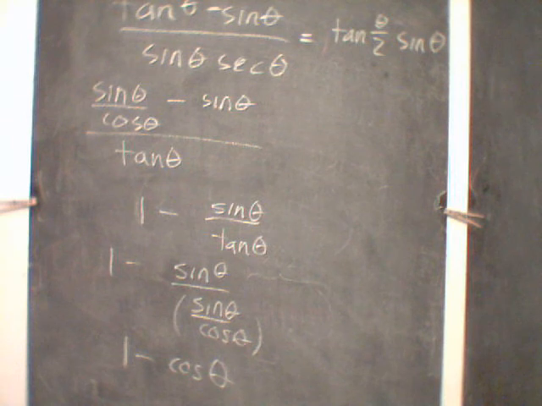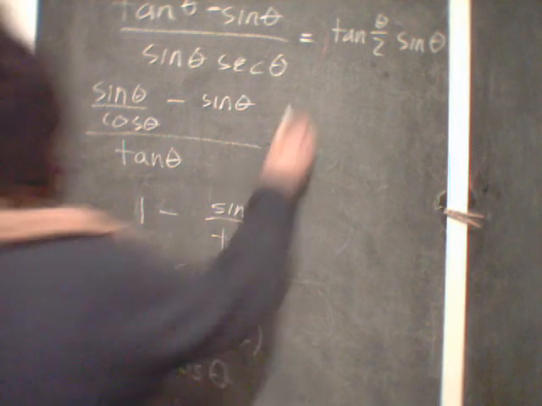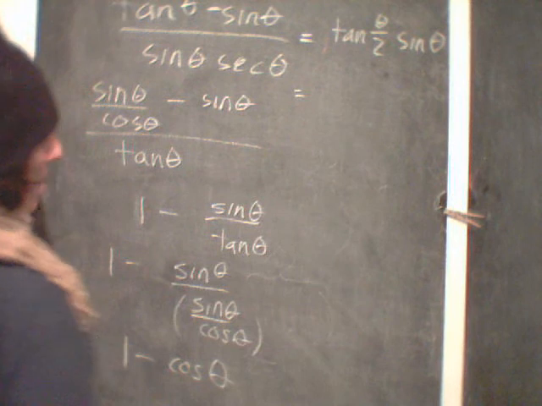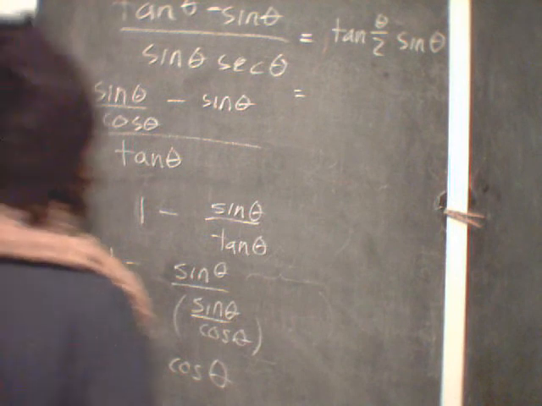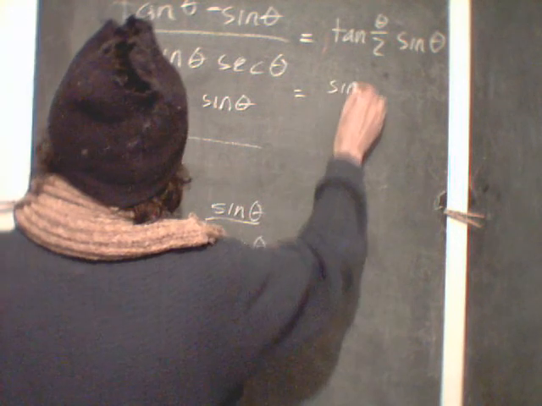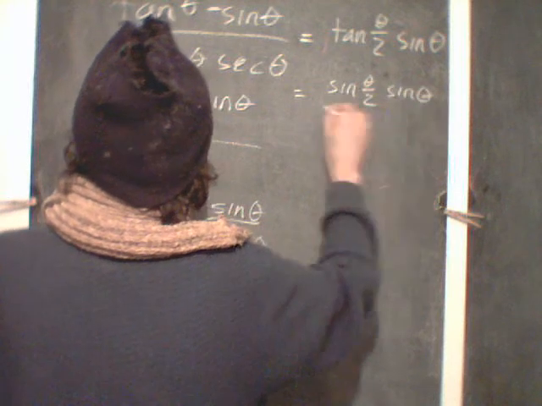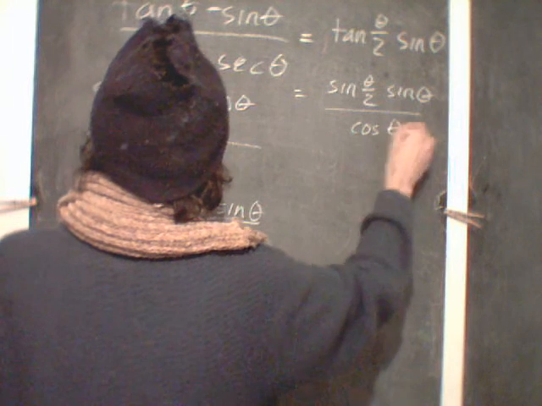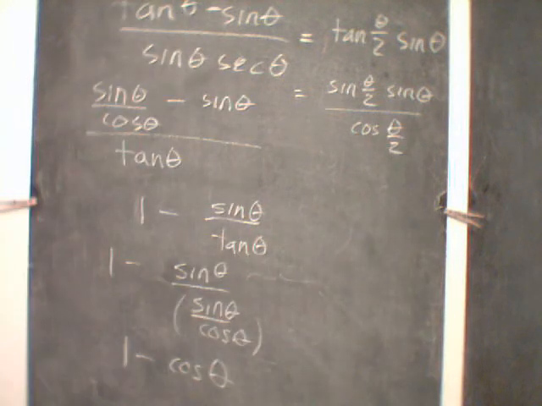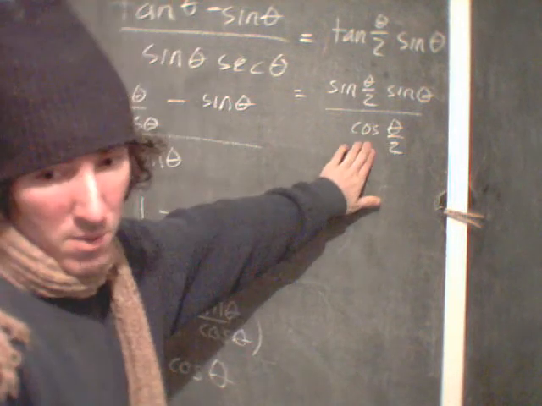Unless we could just work with the right side and see where that took us. You could say that's sine theta over 2 sine theta over cosine theta over 2. So really, let's move the cosine theta over 2 to the numerator.